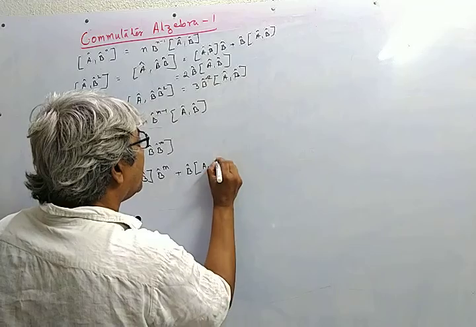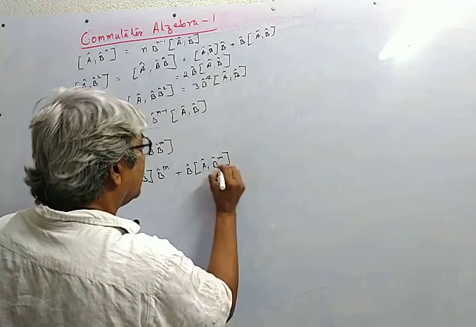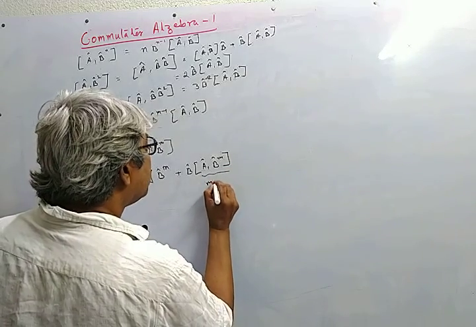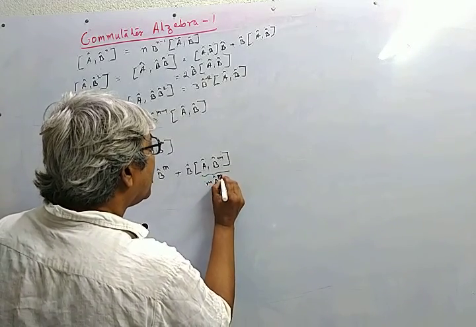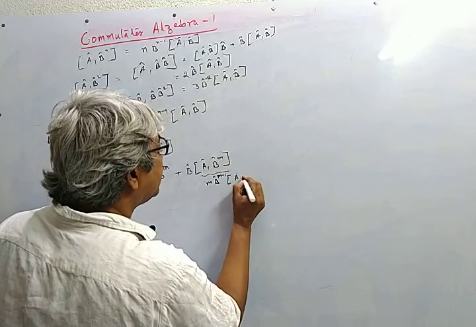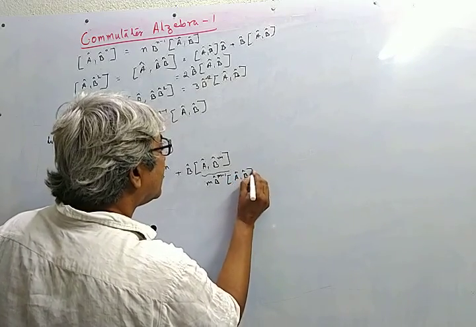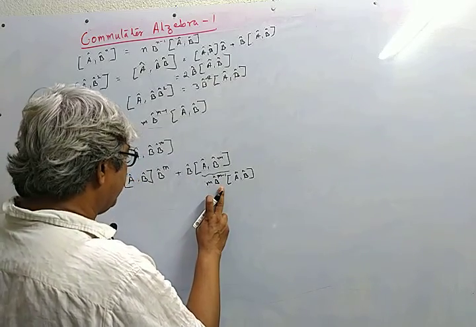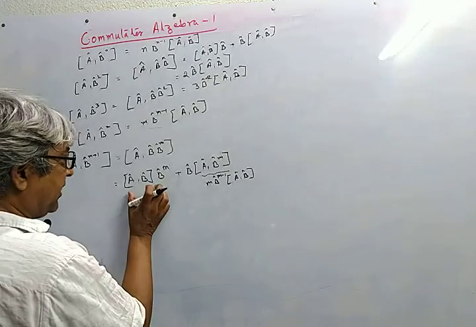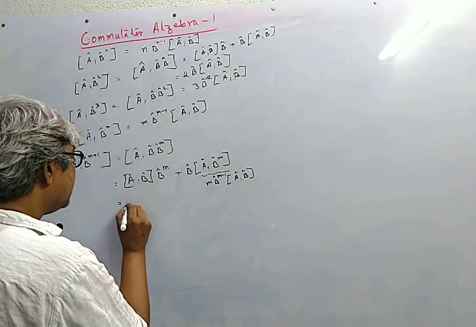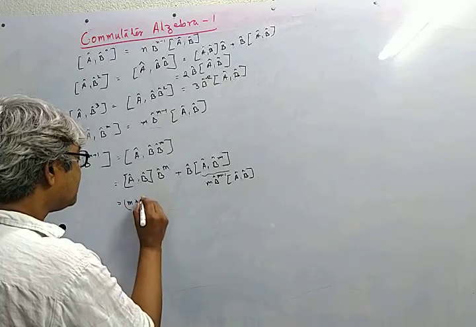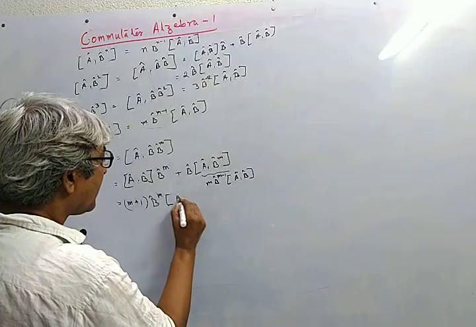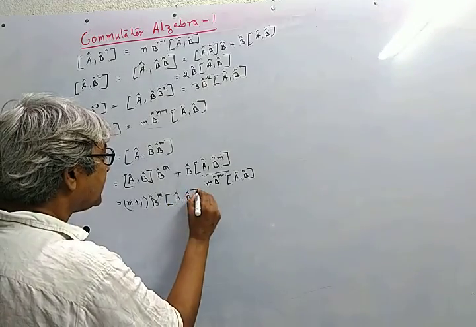A with B to the power m operates. By assumption this is m B to the power m minus 1 times the AB commutator. So this together with this makes B to the power m, and if we take B to the power m times the AB commutator common, this is m plus 1 times B to the power m times the AB commutator.